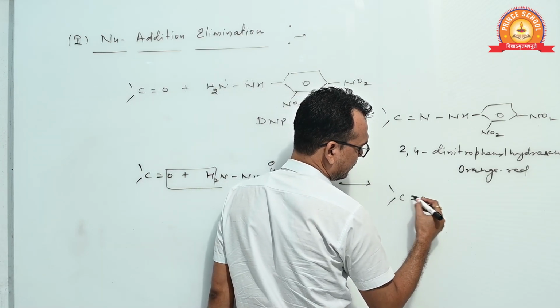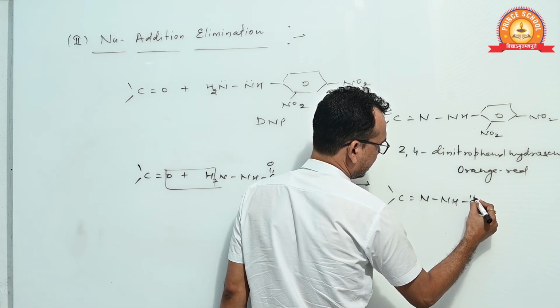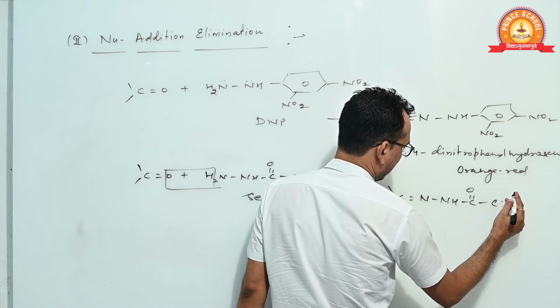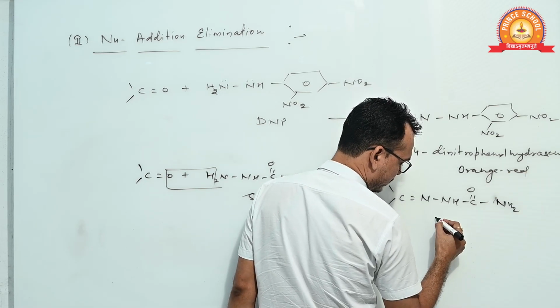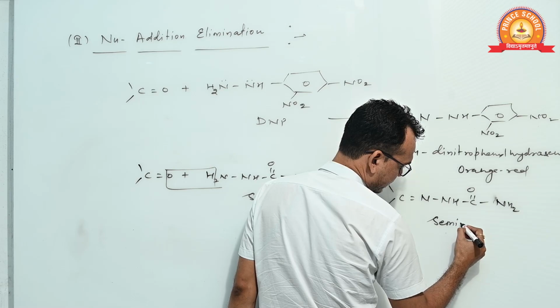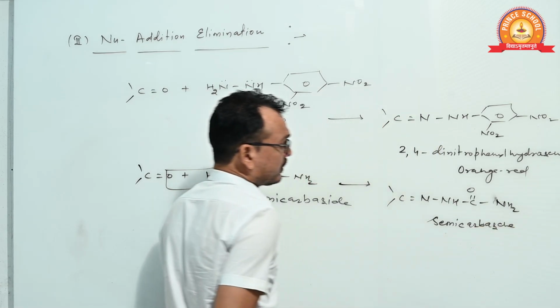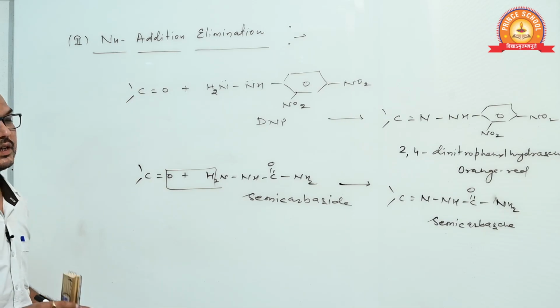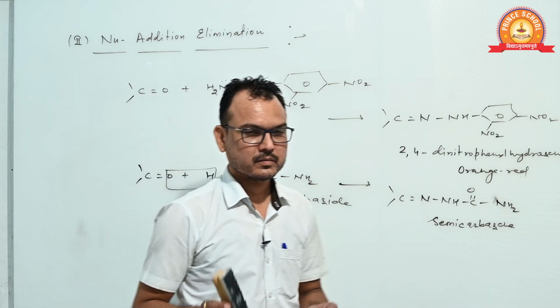It is C double bond N NH C double bond O NH2, and it is called the semicarbazone. Clear? This is the nucleophilic addition elimination reaction of the carbonyl compound.